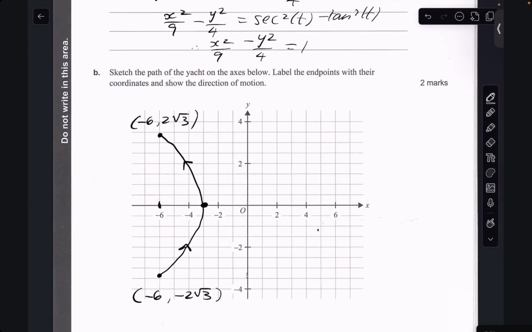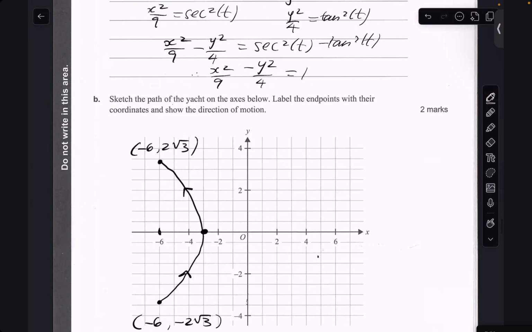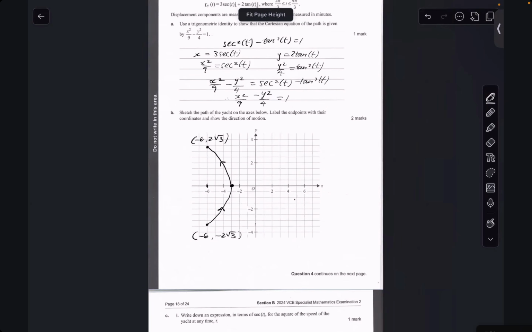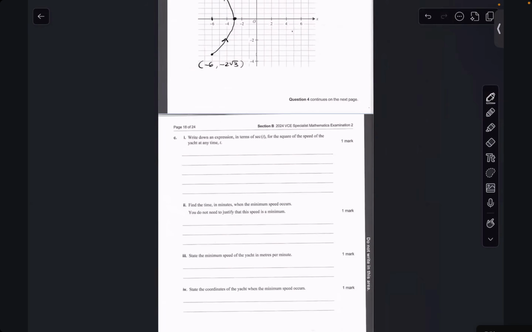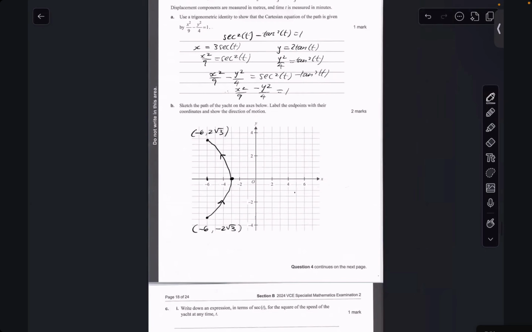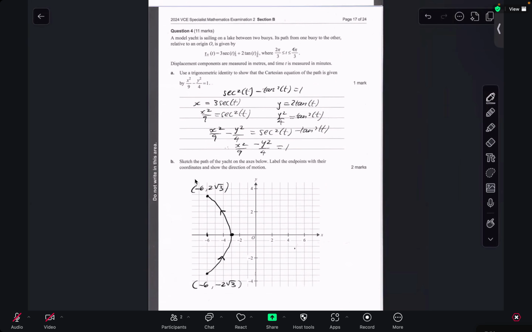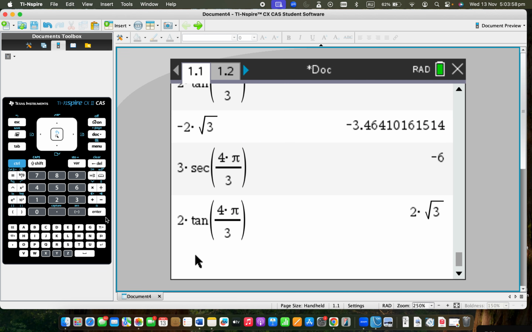I think that's right. Write down an expression in terms of sec t for the square of the speed of the yacht at any time. So the speed is the derivative of... okay, so it's the square root, but we don't need the square root because we want it squared.